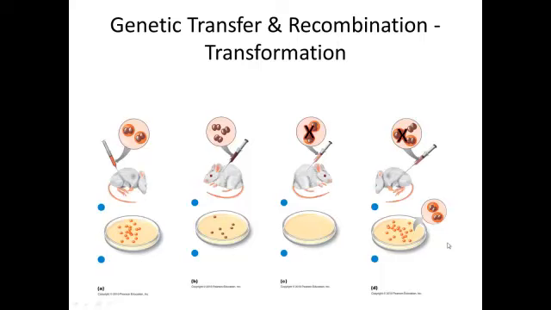Well, they did a little bit more research, and what they found out is the bacteria were picking up DNA from the environment, DNA from the killed strain. Remember, when you heat kill bacteria, you have a tendency to disrupt proteins, including cell walls. You pop the cells, and DNA is floating in the test tube with the R strain.